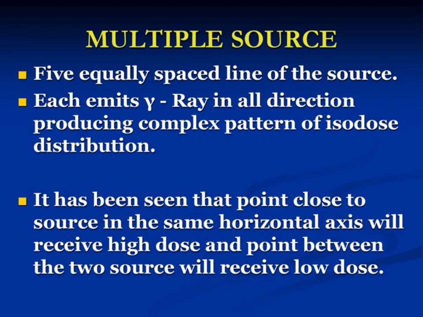The active length of wire is 4.5 millimeter. This iridium wire also has flexibility, so it takes the shape of a tumor, and you can also cut the wire according to the length of the tumor. And the gold can be used as a permanent implant because of its short half-life.